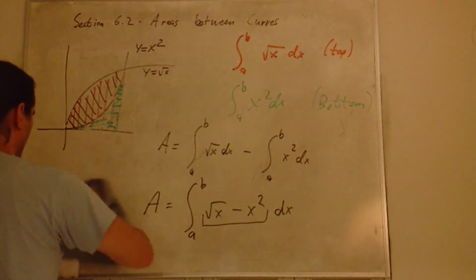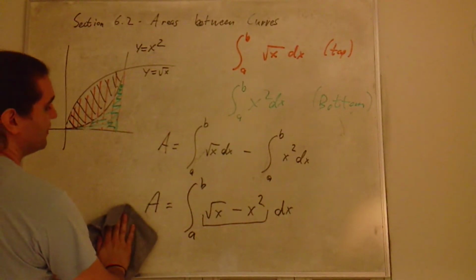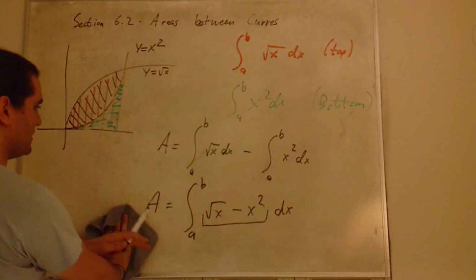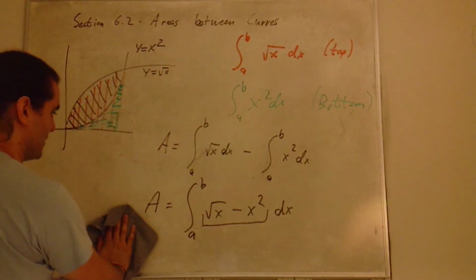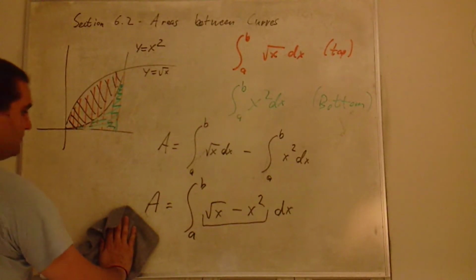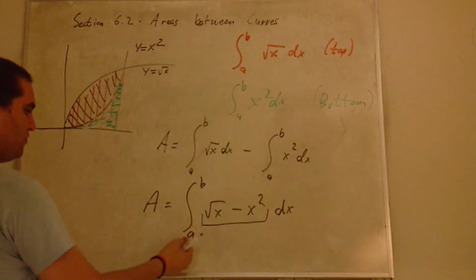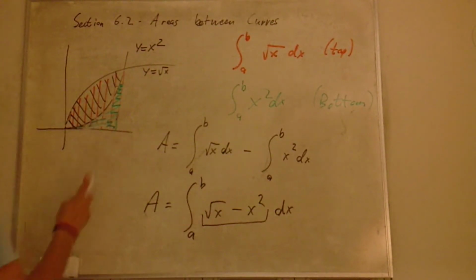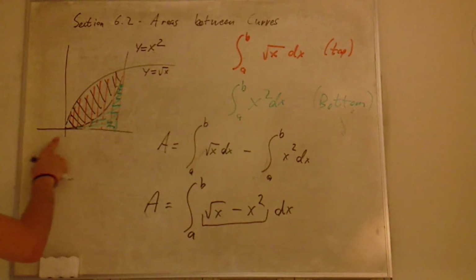Oh, wait, before we actually do it, we need to know what A and B are. I've been using A and B so that I can talk about the theory without getting into the specifics, but it's time to get into actual specifics. We need to know what x values define this region.